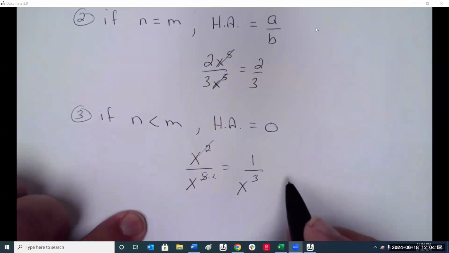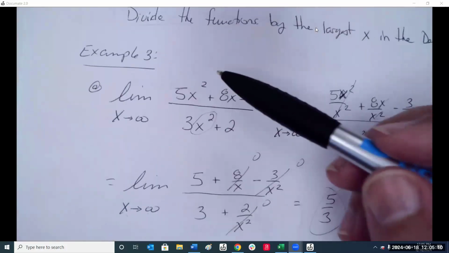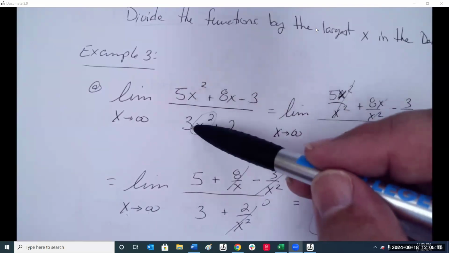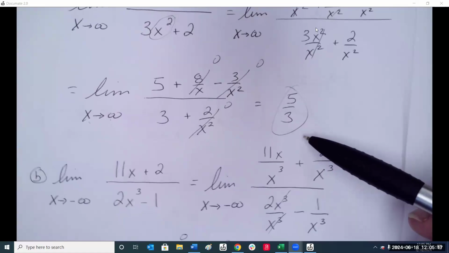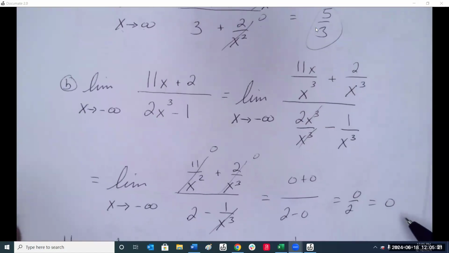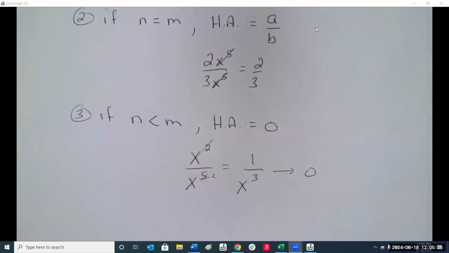As x goes to infinity, this one goes to 0. So for those examples we just did, we didn't have to do any work. In this first one, the degrees are the same, so the answer is going to be 5 over 3. The bottom is bigger than the top, so the answer is going to be 0. Algebra.